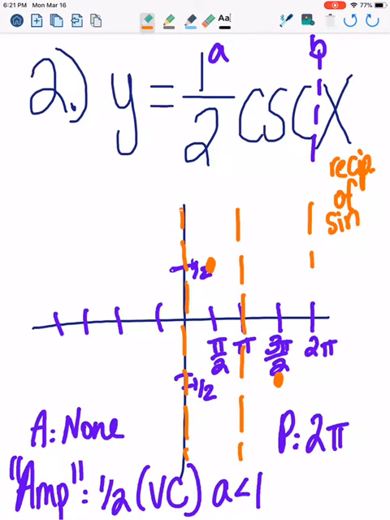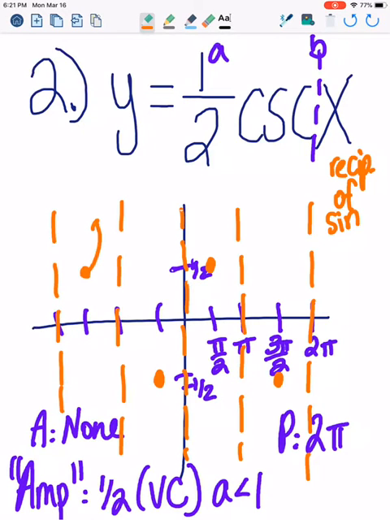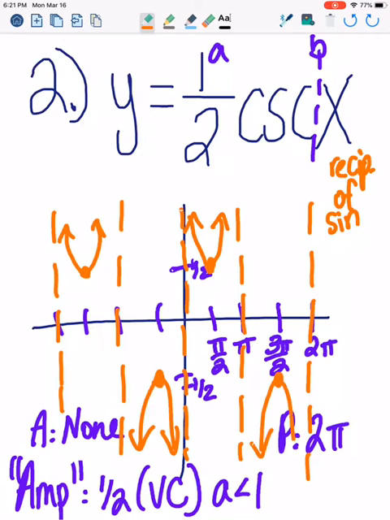And then we'll have another asymptote. So it's asymptotes on the ends here and in the middle. And then sine goes down on the left, and then another asymptote, and then up, and then another asymptote. And then we just make our parabolas as best we can. If they're up here, we're going to point them upward, and if they're down at the bottom, we're going to point them downward. The only time that we would change that is if we have a reflection.